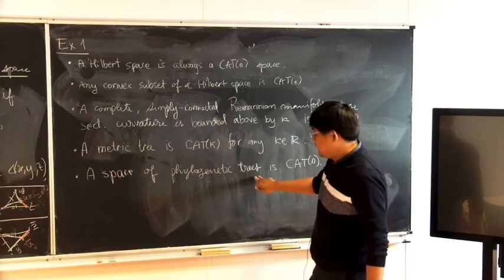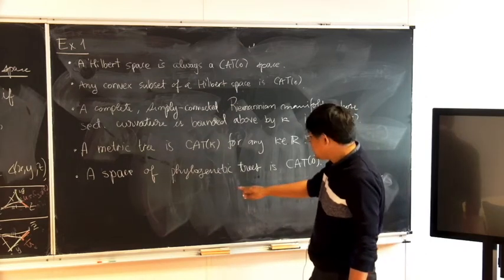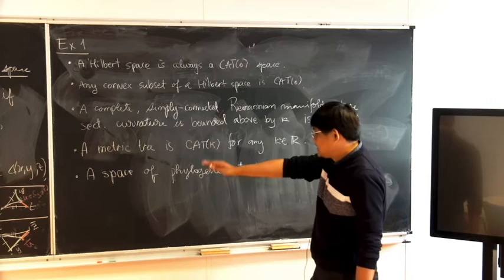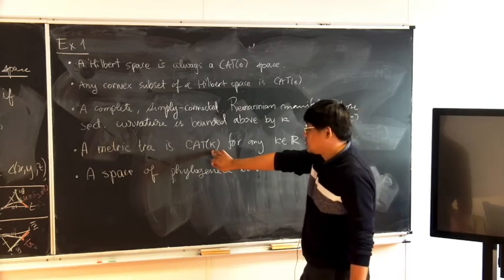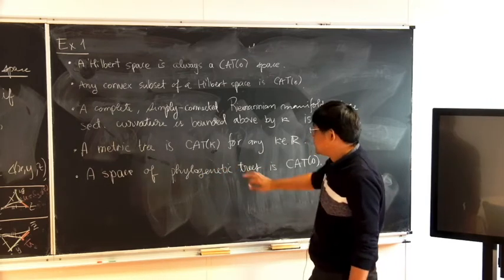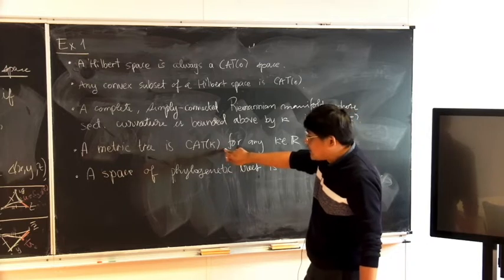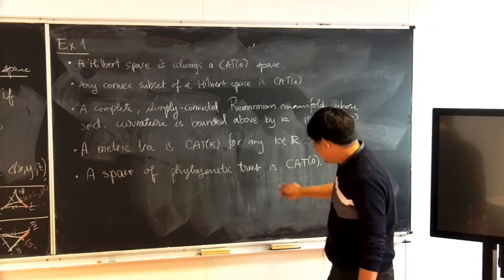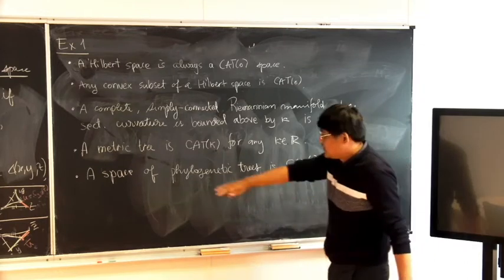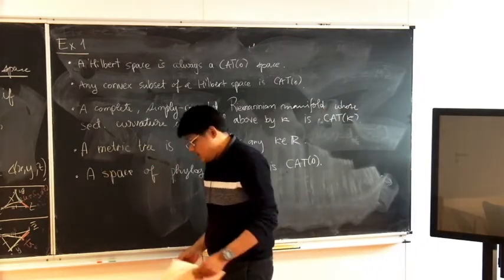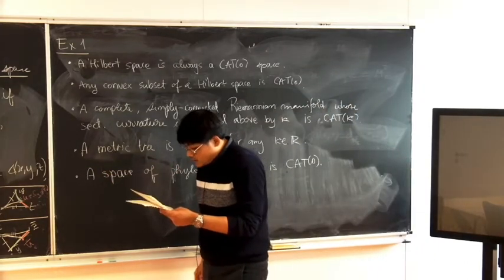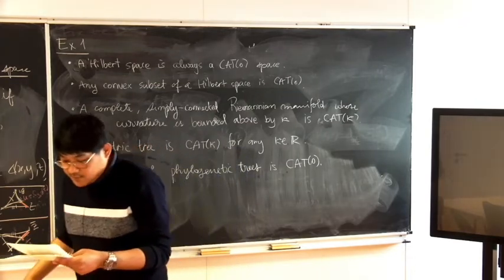This is the space where each element inside is a tree. So it's quite different from a metric tree, for which the elements are points on the tree. This is more like a forest because the elements inside this space are trees.